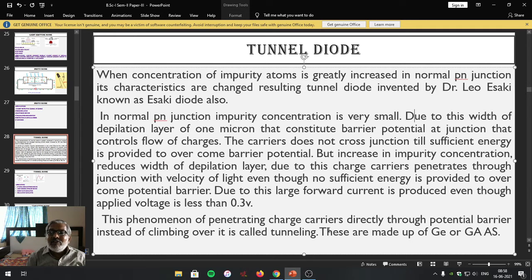The materials popularly used to construct the tunnel diode are germanium or gallium arsenide.